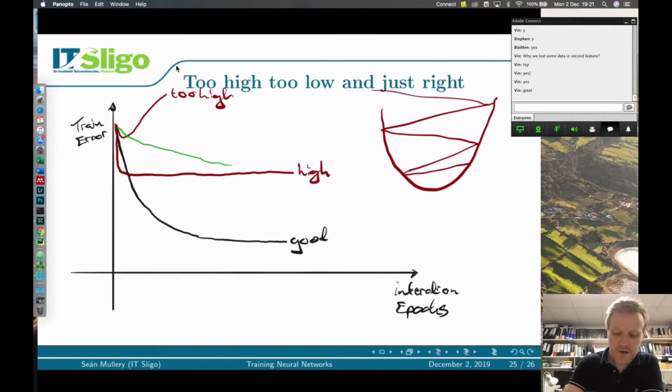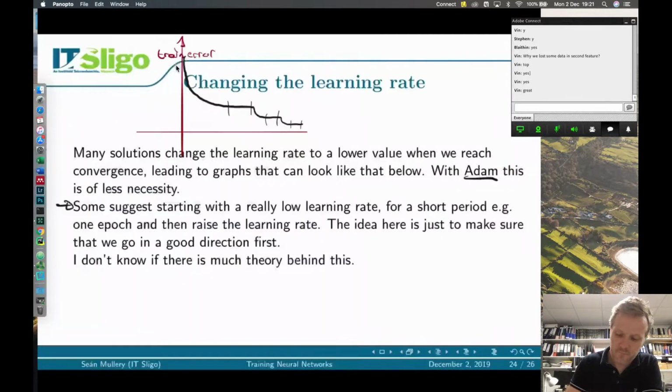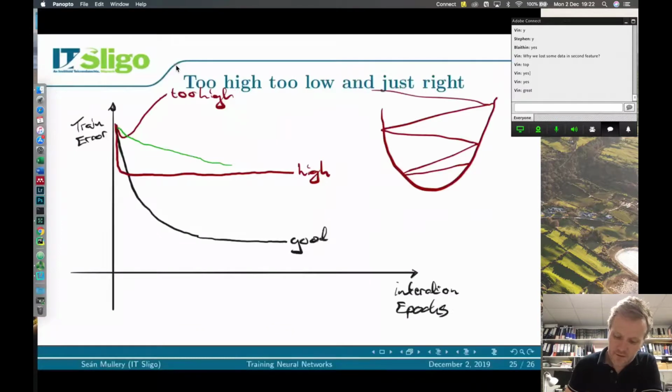So, for example, let's say you set your learning rate, for the sake of argument, to 0.001. And you might say, well, let's be on the safe side and go for 0.0001. Okay? And you might think, well, this is on the safe side.